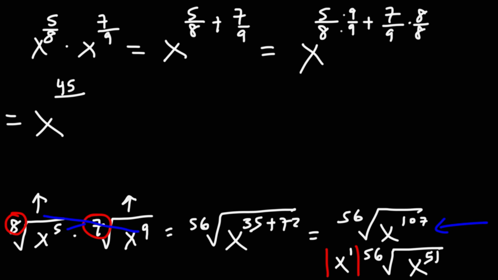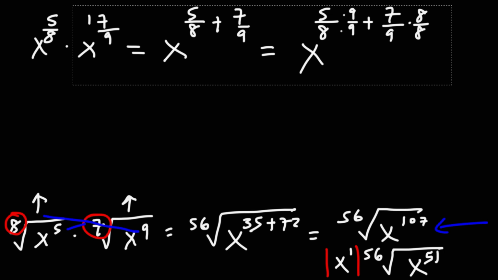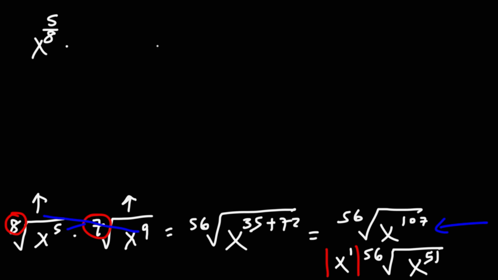Whoa, I think I wrote something wrong. So the seventh root of x to the 9 should be x to the 9/7. I had that fraction the other way.